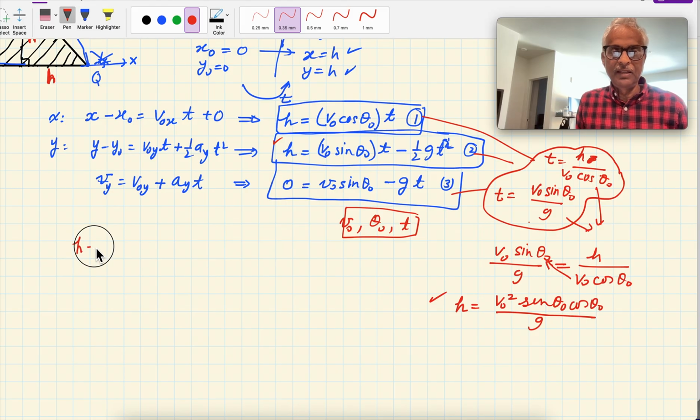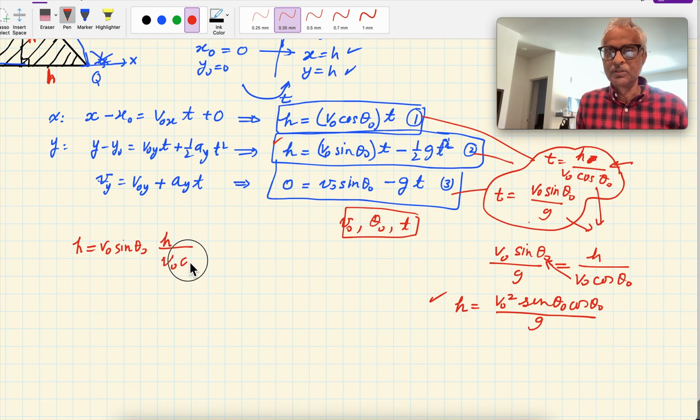So we have h equal to v0 sine theta 0, and so t is this. You can put this, but let's put that, because h might cancel out.